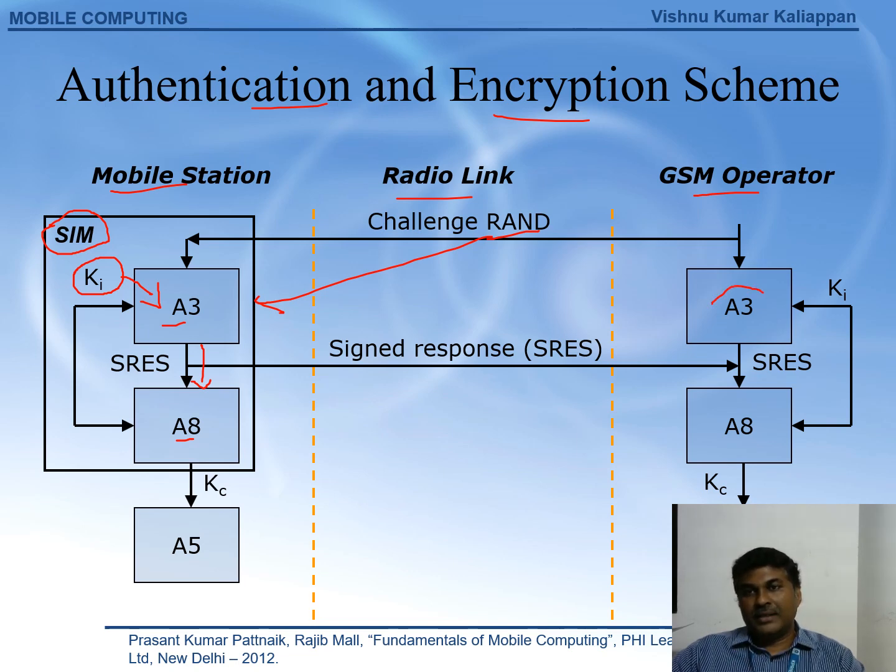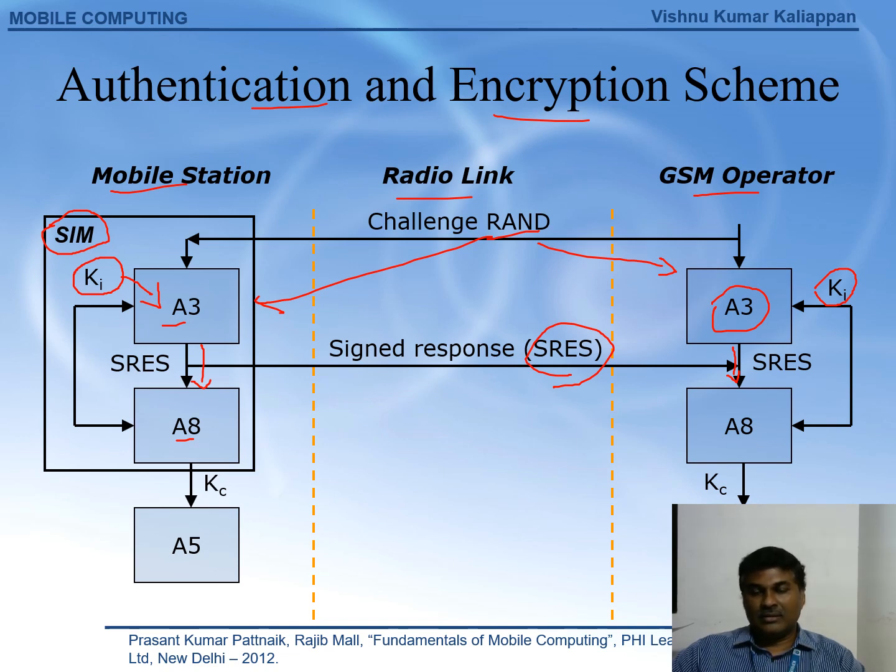In parallel, the A3 algorithm located in the GSM operator, with the same key (this Ki and that Ki should be the same), and the random number, generates the same SRES. This signed response should be the same between the mobile station and the GSM operator.